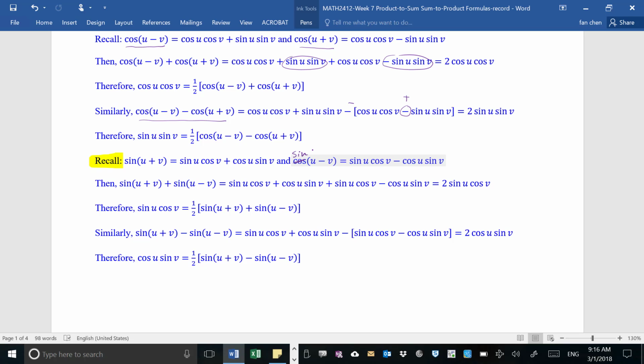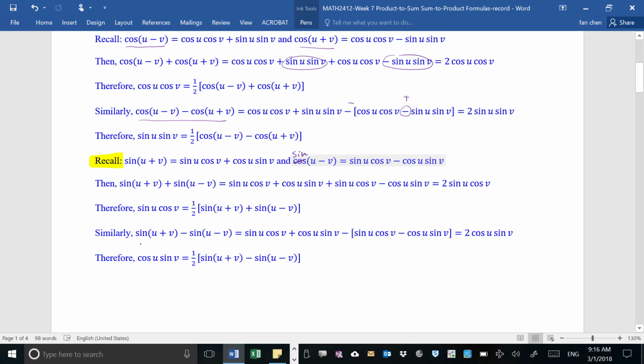Then sine u plus v plus sine u minus v is equal to sine u cosine v plus cosine u sine v plus sine u cosine v minus cosine u sine v. Then combine like terms, and you will end up with 2 sine u cosine v. Therefore, sine u cosine v is half of the sine of the sum of these two angles plus the sine of the difference of these two angles.